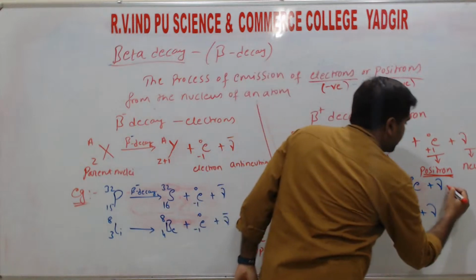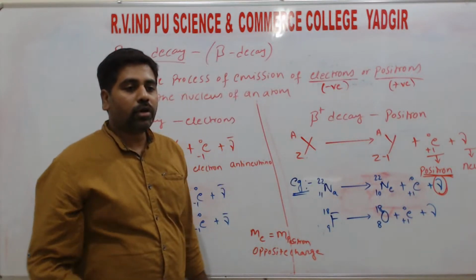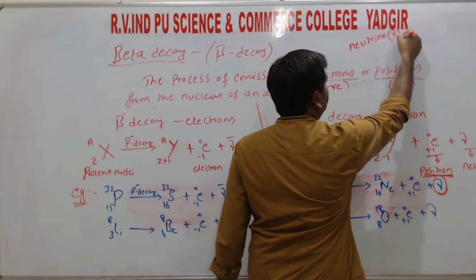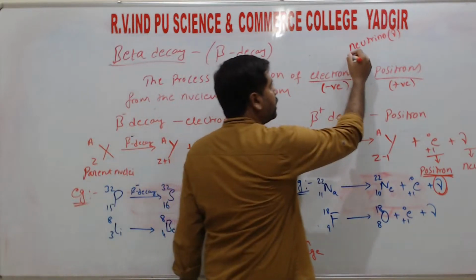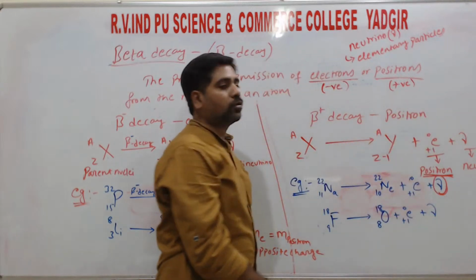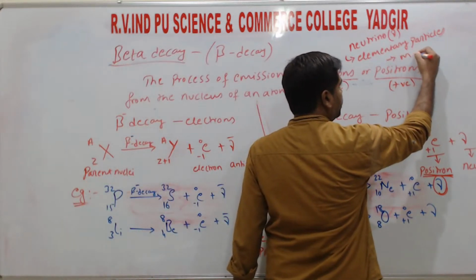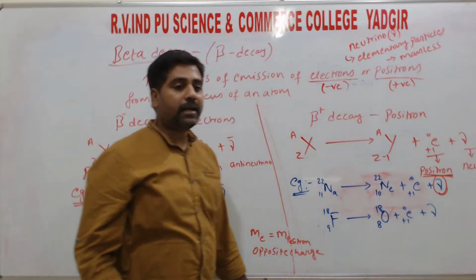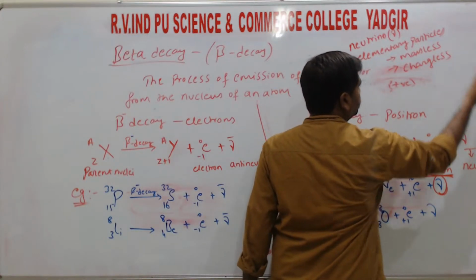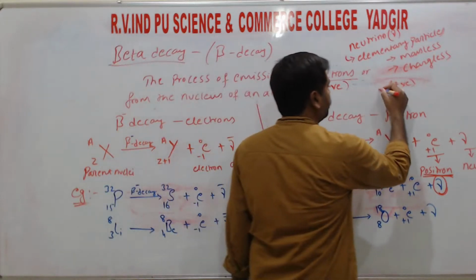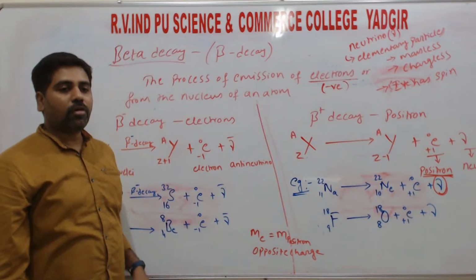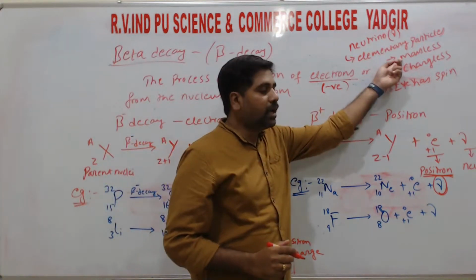Here one more particle we are getting, that is the neutrino. So what is a neutrino? Neutrinos are elementary particles which do not have any mass, that means they are massless, and they do not have any charge, that means they are chargeless, but they have spin. So neutrinos are elementary particles which don't have any mass and charge.